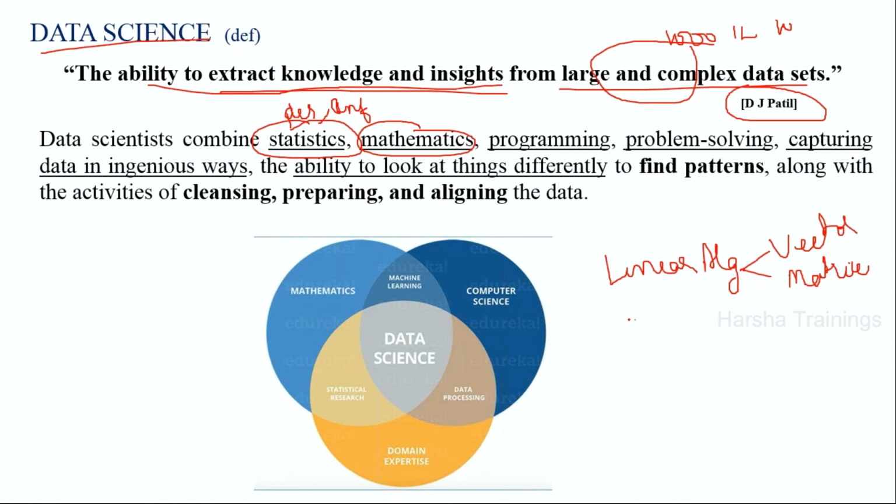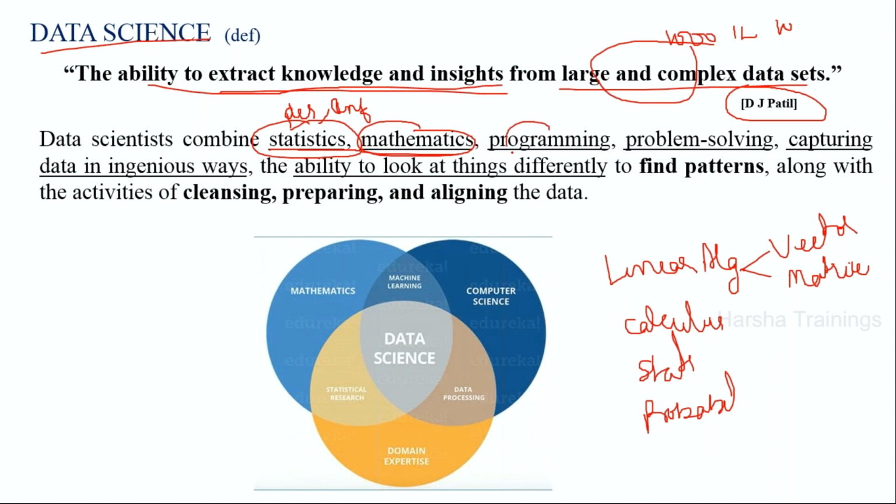Then you should know a little bit about calculus, differential calculus, to learn about deep learning. You should also know about statistics. And finally, a little bit about probability. All these things I am teaching in my lectures. That means every student must have the basic knowledge of statistics and mathematics.